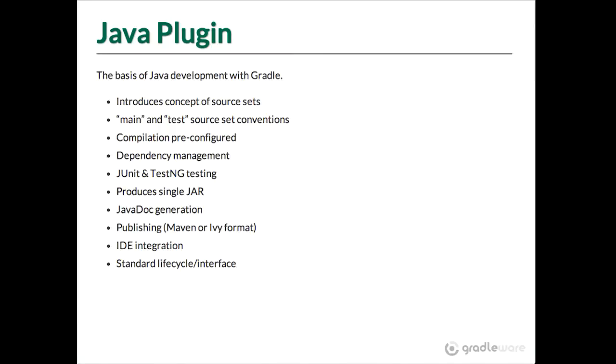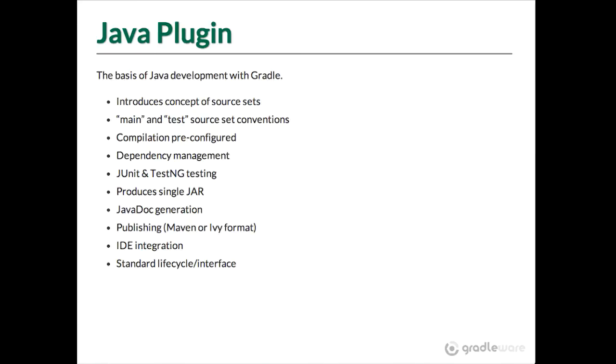Basically, if you obey a few standard conventions, which are pretty much also the conventions that Maven uses, you can say apply plugin Java, and for a simple Java project, you already have in that one line created a build file that will allow you to do pretty much everything you need to do. You'll be able to create a jar, run tests, compile the code, process your resources, all that sort of stuff that you generally do in a Java project. You'll have tasks and dependencies set up for you to do that.